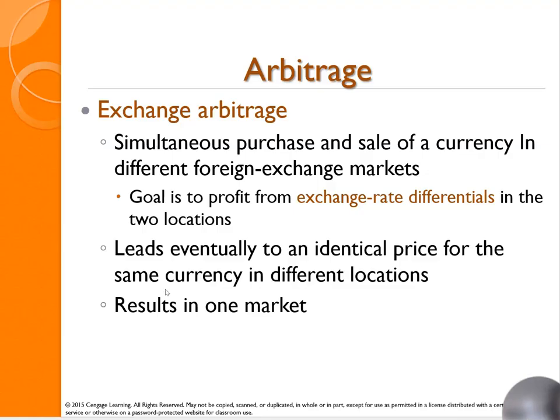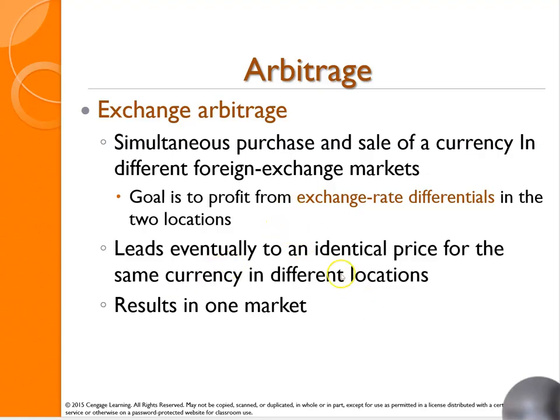You buy them in Milan, you instantly go over and you sell them in London, and you make money on the differential. Now, you don't do this for $1 or $2 or even a couple hundred, because the transaction costs would probably swamp it. But if you're dealing in hundreds of thousands or even $1 million or so, yeah, you can make a tidy little profit simply by putting a buy in one and putting a sell in the other.